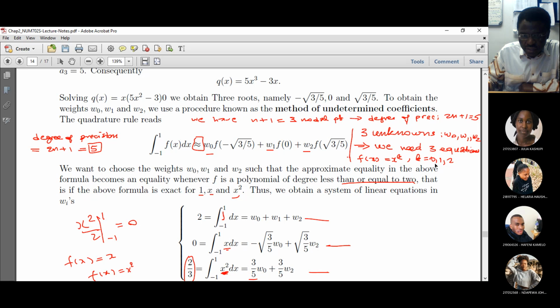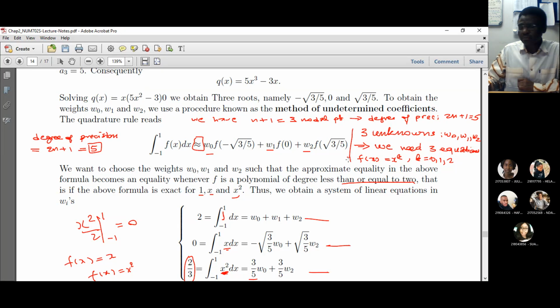But the fact that we are using polynomial degree less than or equal to 2 is because we need up to that to determine 3 unknowns. We don't need to use up to 5. It's useless to go up to 5 because 3 equations are enough for me to get a unique weight. Please tell me if you understand that so that I will not insist again, I will proceed.